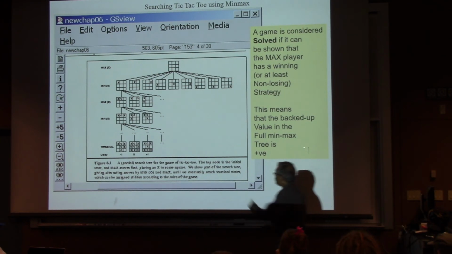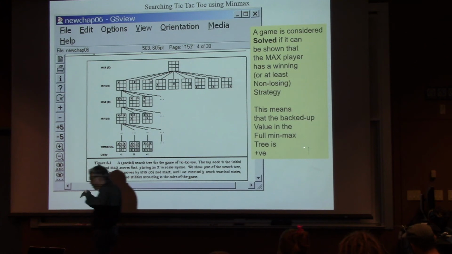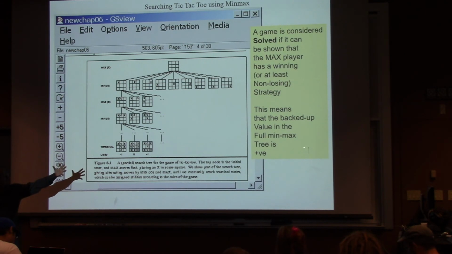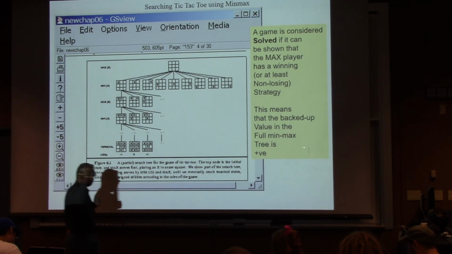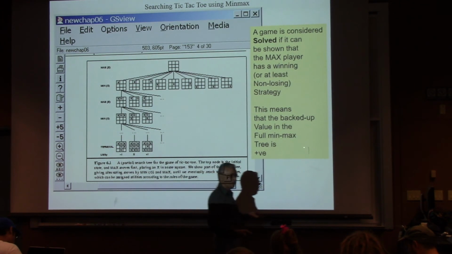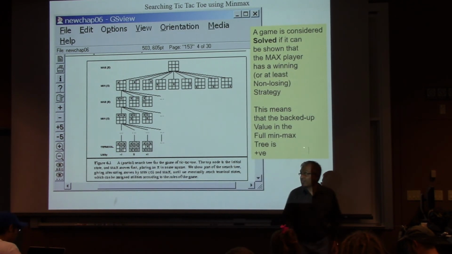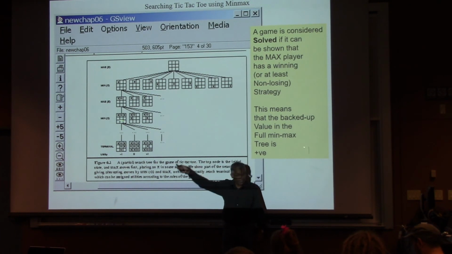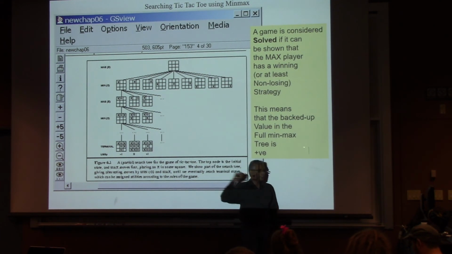And so what you do in search, in trying to figure out your move, is you start from here, and you consider all your moves in your head. You consider for each of the moves the opponent's possible responses. For each of those, your possible responses. For each of those, your opponent's possible responses.